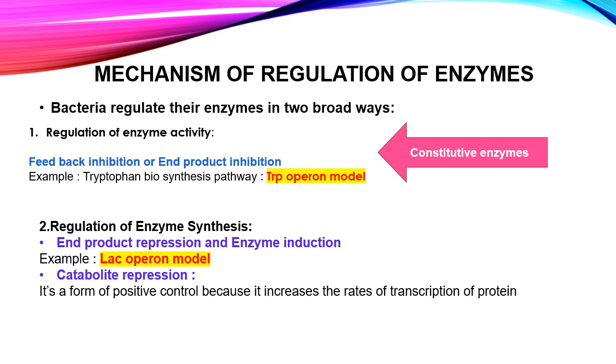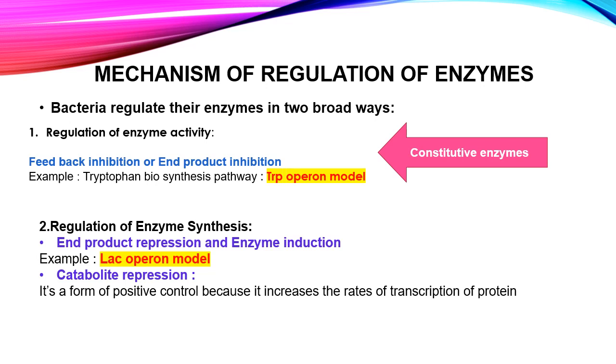In end product repression, focus on this. It is a process where the end product is actually inhibiting the synthesis of its particular enzyme. That is, it is dealing with the repressible enzyme. Okay. And now enzyme induction. What do you mean by enzyme induction?